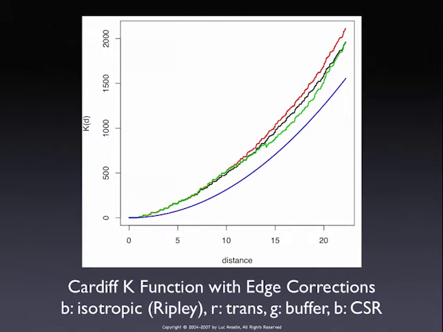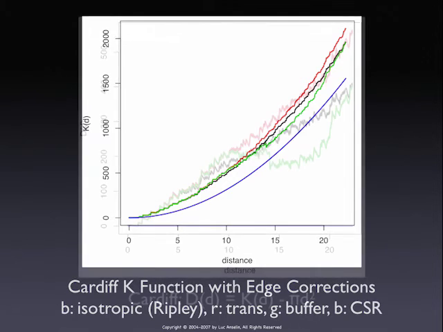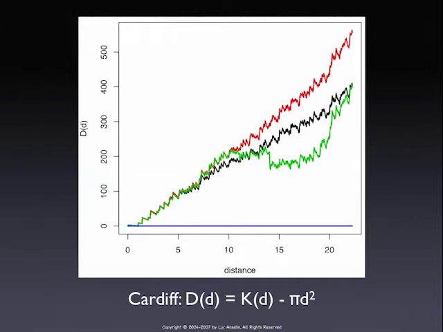Since we know that the theoretical K function is pi d squared or pi h squared, depending on the notation you use, there is an alternative way to show this, and I think Krimstad does it this way, in that it subtracts pi d squared from the observed K measure.